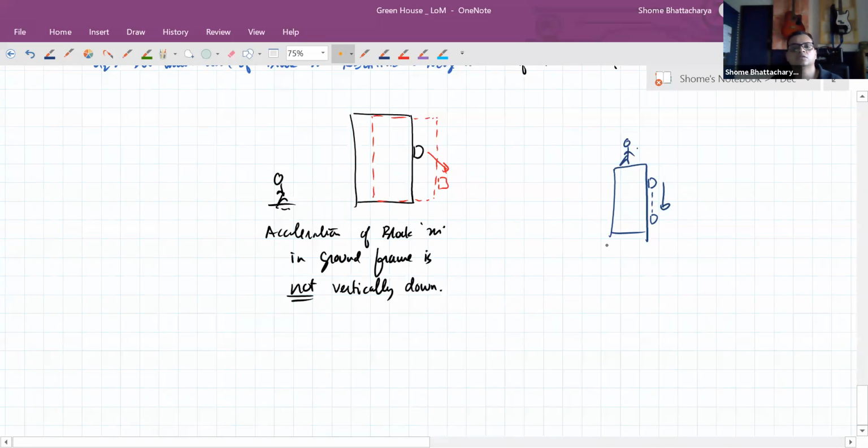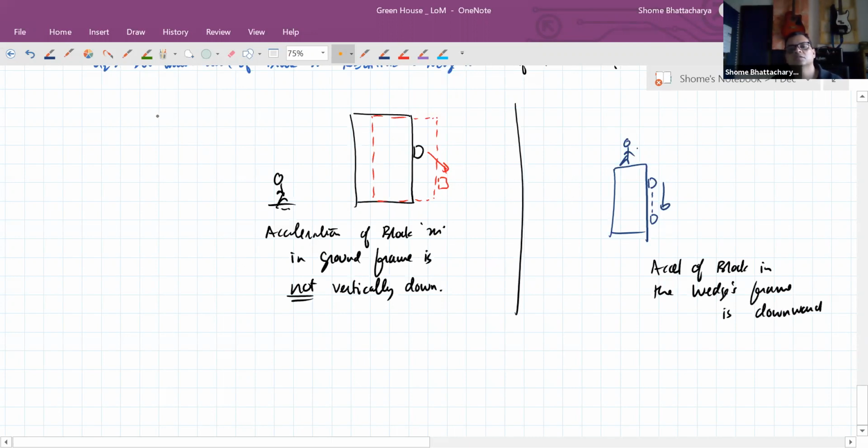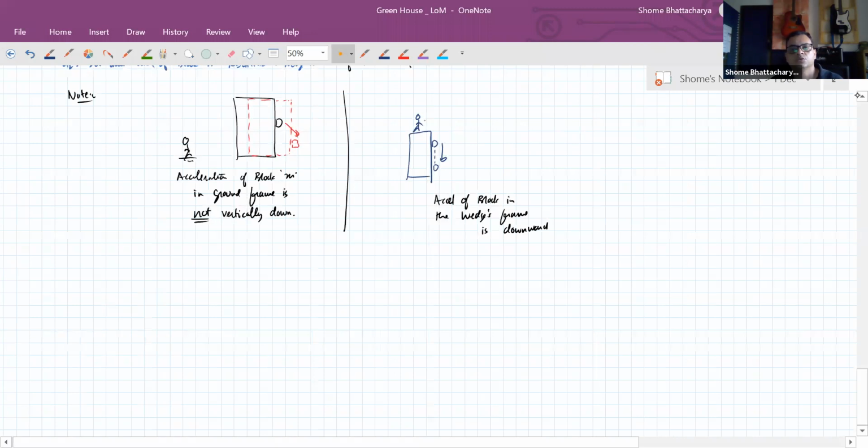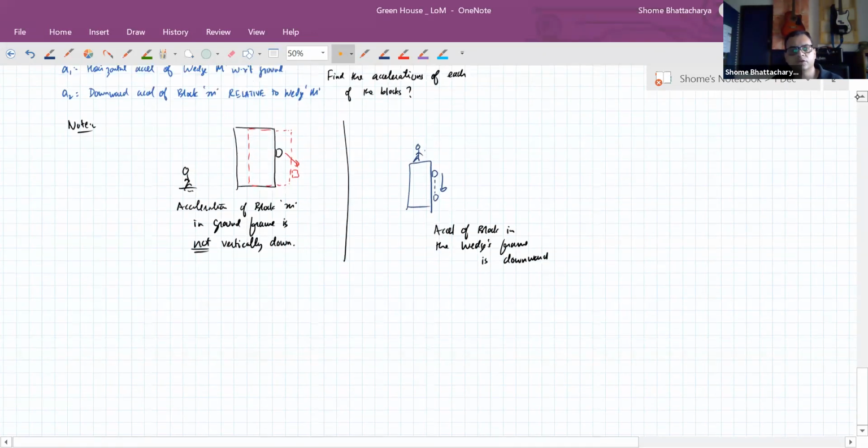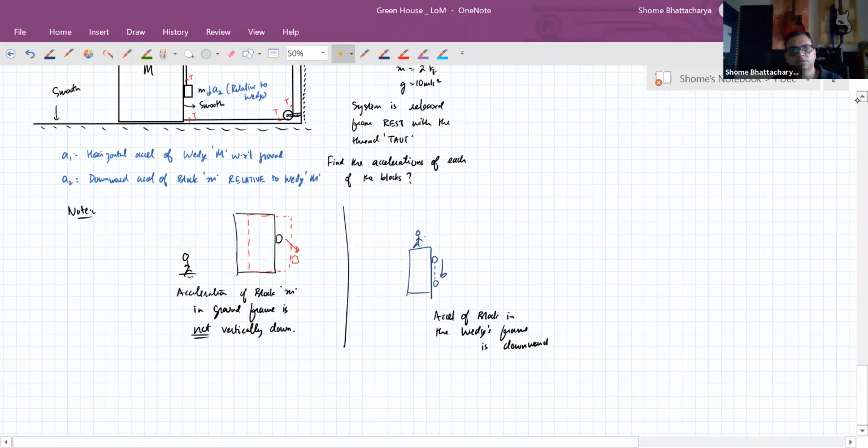It is this sort of diagonal direction, whereas the acceleration of the block in the wedge's frame is downwards. So that's the thing to understand. Okay, so now based on this, you set up the free body diagrams and write the equations.